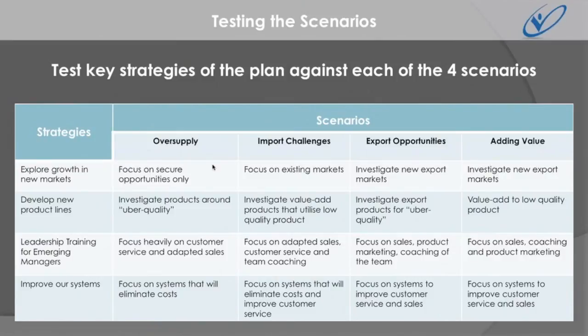So then what you do is, for each scenario, you say, if this scenario was to come true, how would we modify the implementation of our strategies? I want you to notice that we're not necessarily going to change the strategies. Now, you might find your strategy is horribly wrong. From my line of thinking, then you haven't been nearly as strategic as you need to be in developing the strategies.